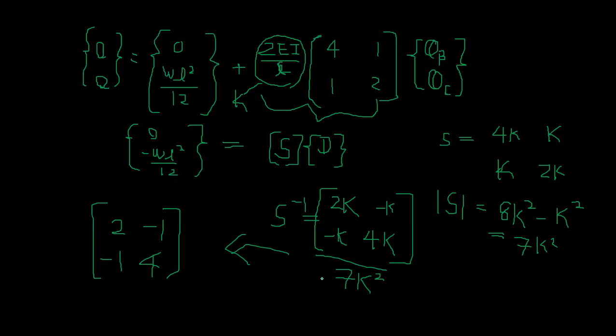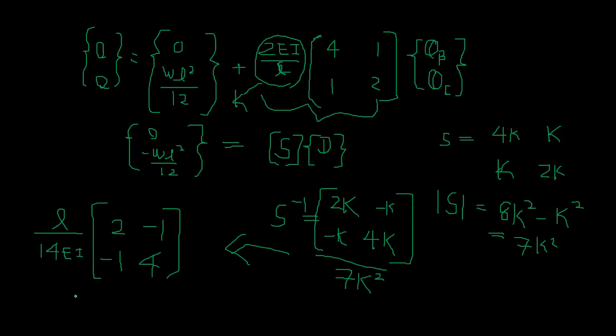So that means K you bring here, right? 7K is EI over L. You divide it by 7K, so that means multiply it by 1 over 7K.